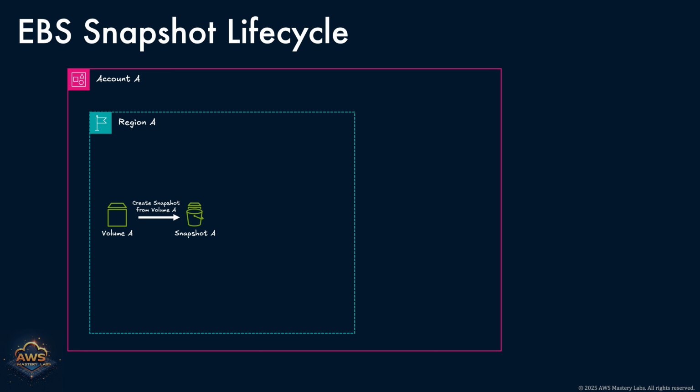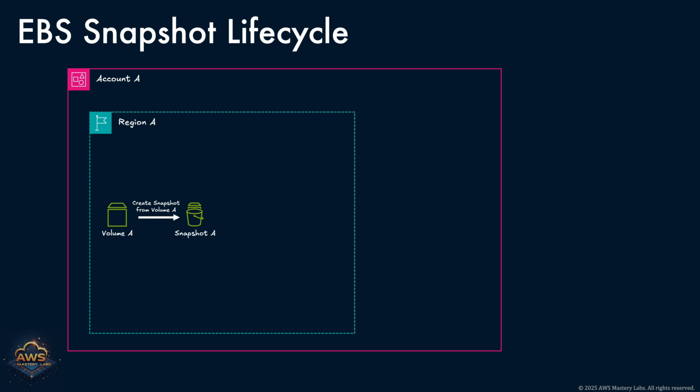Importantly, snapshot creation is an asynchronous process. This means that while the snapshot is initiated and appears in your AWS console right away, it doesn't immediately contain all the necessary data. Initially, it enters a pending state, during which AWS begins copying the data blocks from the EBS volume to Amazon S3, where all snapshots are stored behind the scenes.